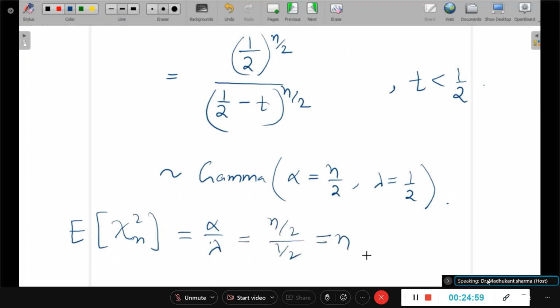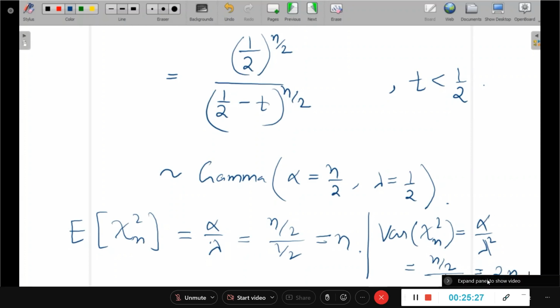So it's going to be n. And what was the variance of the gamma distribution? It is alpha by lambda square, if you recall. So this is equal to n by 2 divided by 1 by 4. So it's going to be 2n.